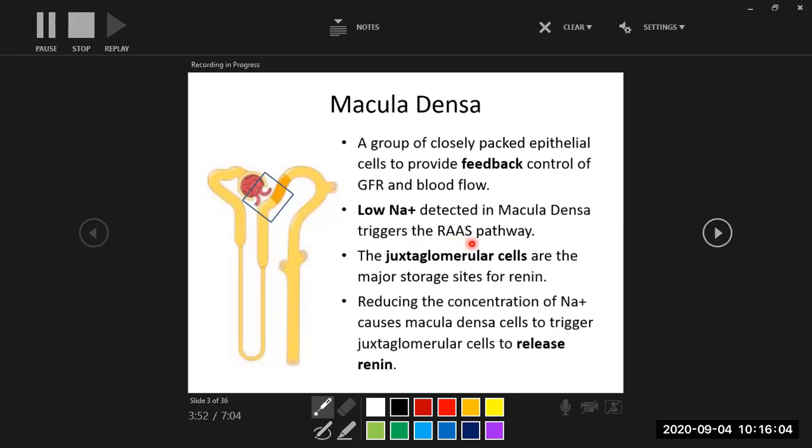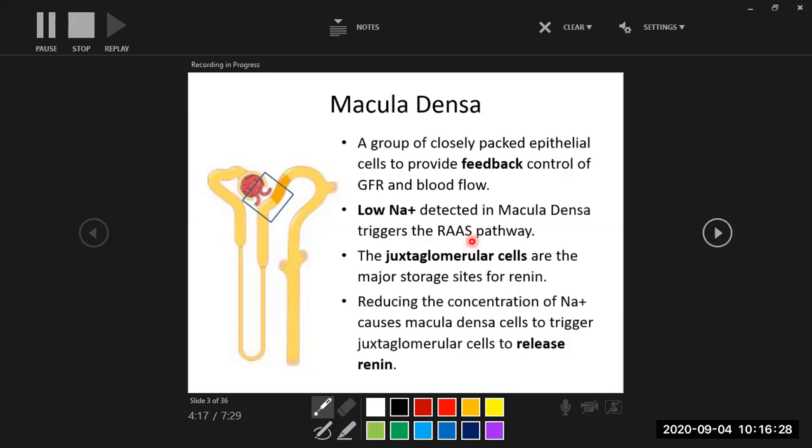The consequence of the RAAS is increased blood pressure, because angiotensin II increases the vessel tension, increasing the TPR. Angiotensin II can also indirectly increase CO. CO times TPR is BP.